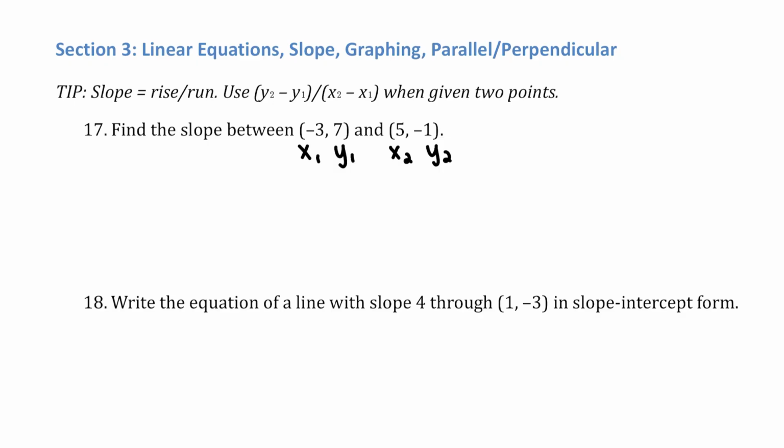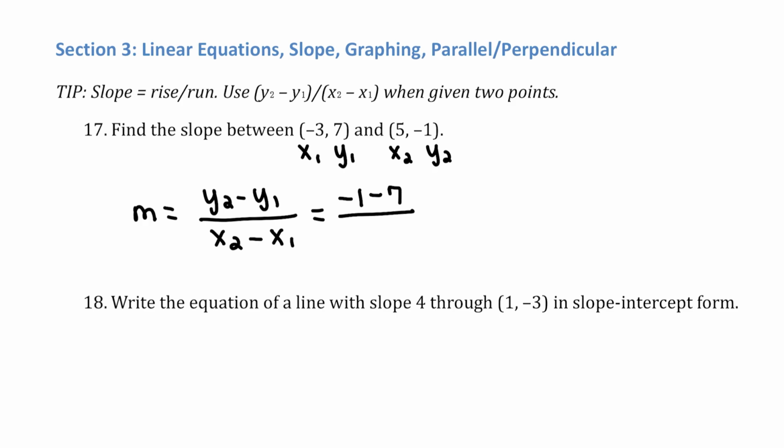So our slope is m equals y2 minus y1 divided by x2 minus x1. Our y2 is -1, y1 is 7, so plug that in.